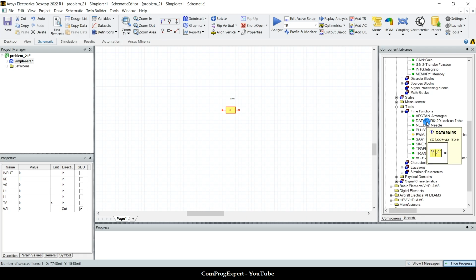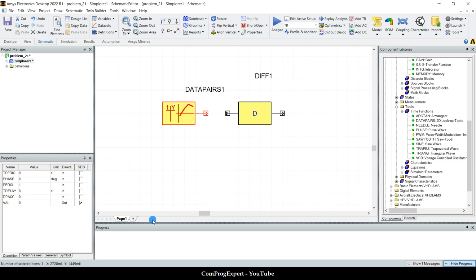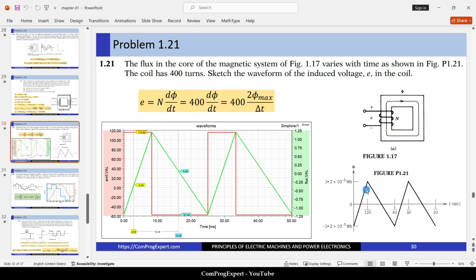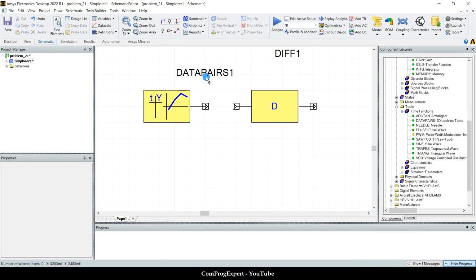Let's select the data pairs. We have an arbitrary function and we can pass the data to construct this waveform. The waveform is this one, and we are going to take the derivative of it.